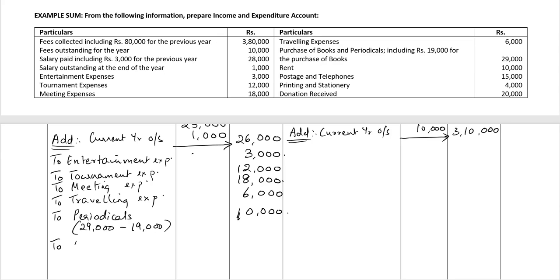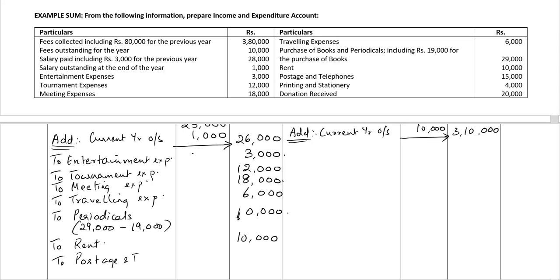To rent paid, 10,000 rupees. To postage and telephones, 15,000 rupees.